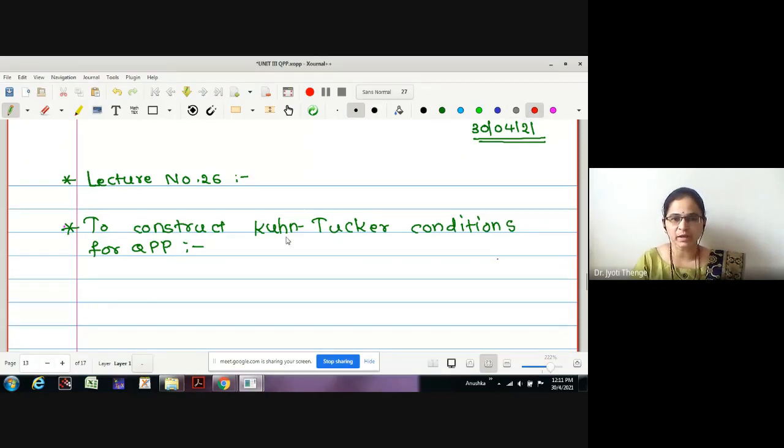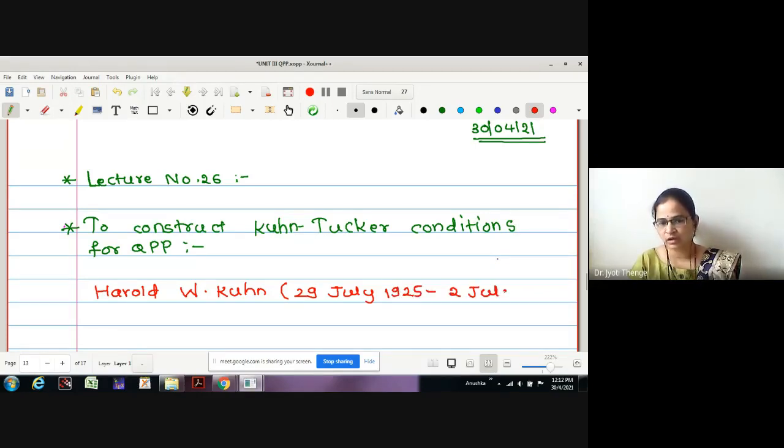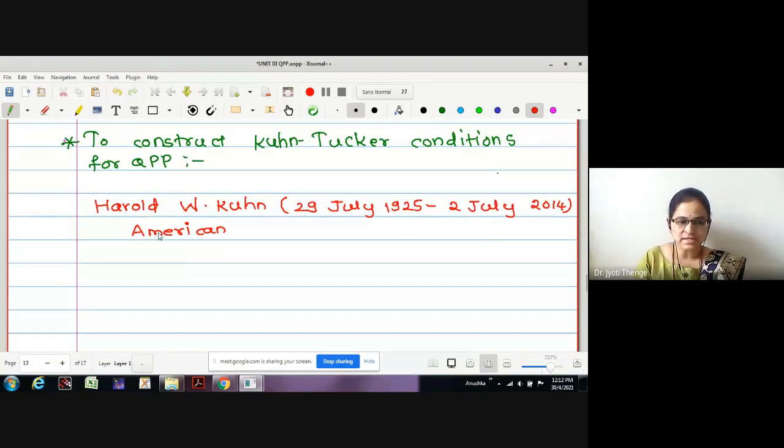The full name of the mathematician Kuhn is Harold W. Kuhn. His life tenure is 29 July 1925 to 2 July 2014, and he was an American mathematician. His work was mainly in game theory and operations research. The second mathematician is Albert W. Tucker.